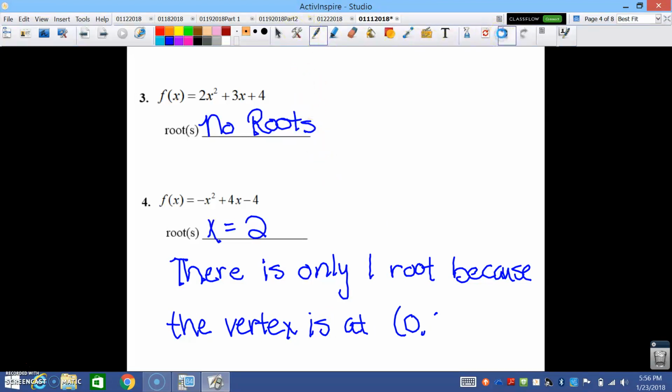Not 0, 2, but 2, 0, because we want y to equal 0, remember? So 2, 0. Okay, so let's go on to our next problem.